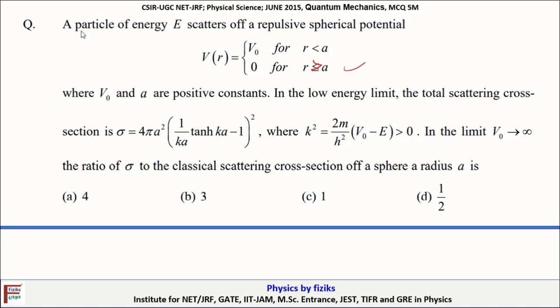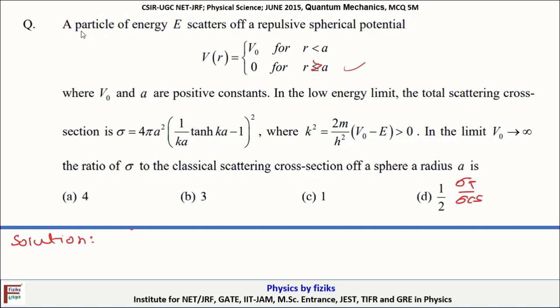In the limit V naught tends to infinity, the ratio of sigma to the classical scattering of a sphere of radius a is. So here we have to determine the ratio of sigma total by sigma classical scattering.